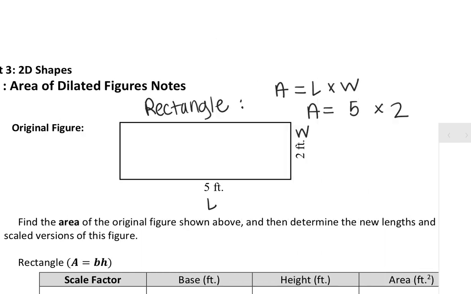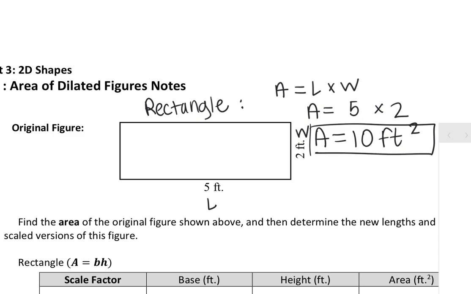All right, so my area equals 10. Because we're talking about area, and this is in feet, I'll write feet squared. So the squared goes if I'm talking about area. So this is my area of this rectangle.